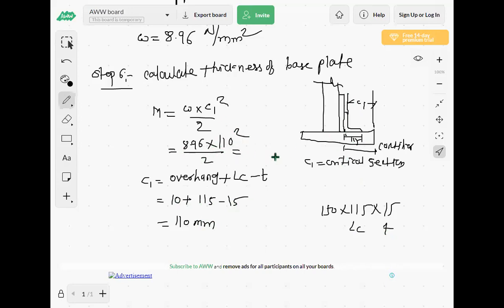So now tell me the moment. Calculate the moment: 8.96 into 110 square by 2. This will be in Newton mm.